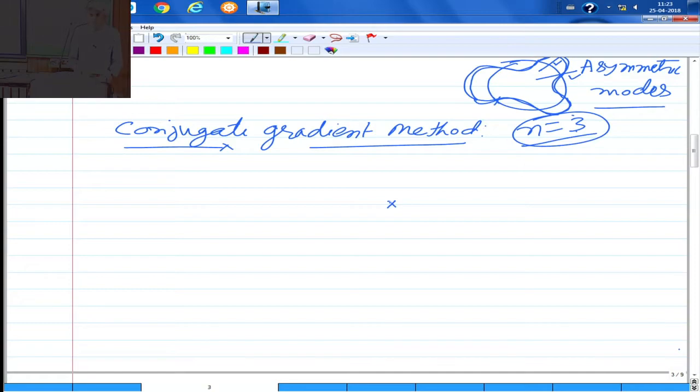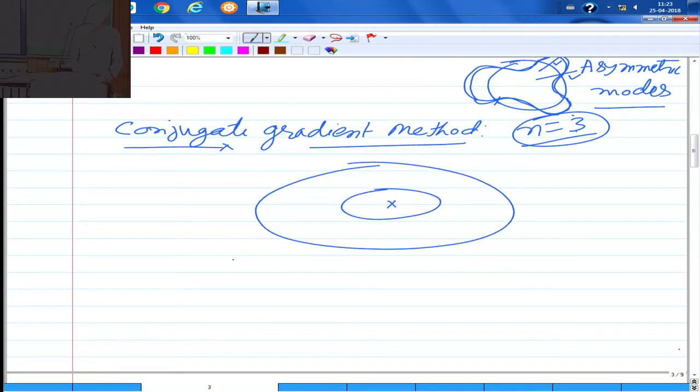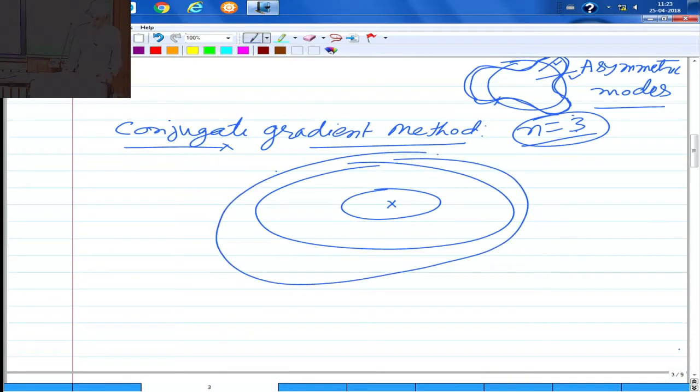So let's say we have some function whose minimum is somewhere here, and we start from some point, and these are the contours of constant function values. So let us say we start somewhere here, and in this case first we find the steepest descent direction.